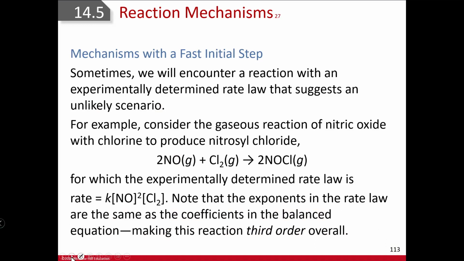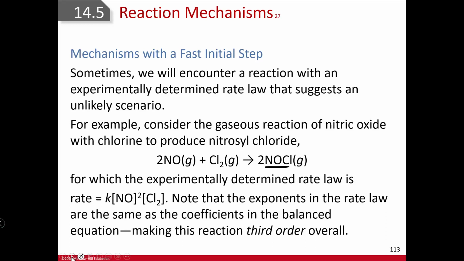All right, so this is the problem that gives students the most difficulty. So let's look at this one. It says, sometimes we encounter a reaction with an experimentally determined rate law that suggests an unlikely scenario. So again, not likely to happen. But here we go. We got nitric oxide reacts with chlorine to form nitrosyl chloride. That's what this NOCl is here.